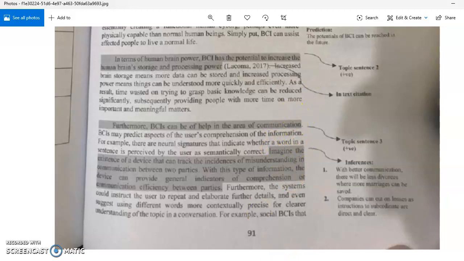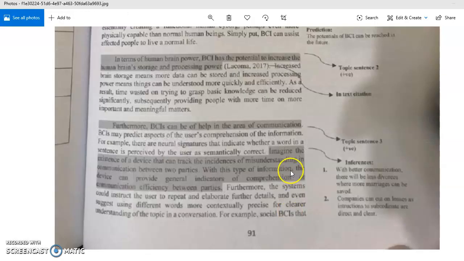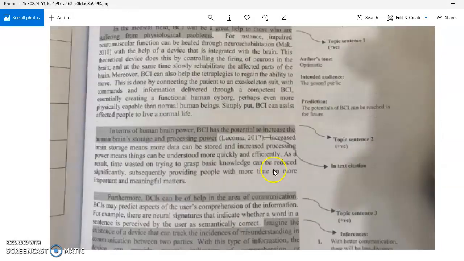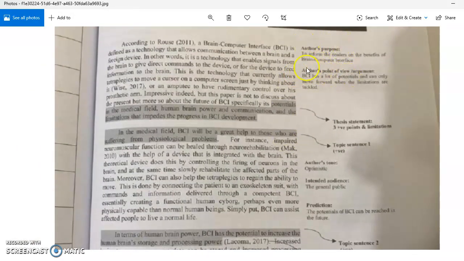But some of them, for example author's point of view or author's attitude, you could not highlight on the text. For example, this one: author's purpose as well as author's point of view.